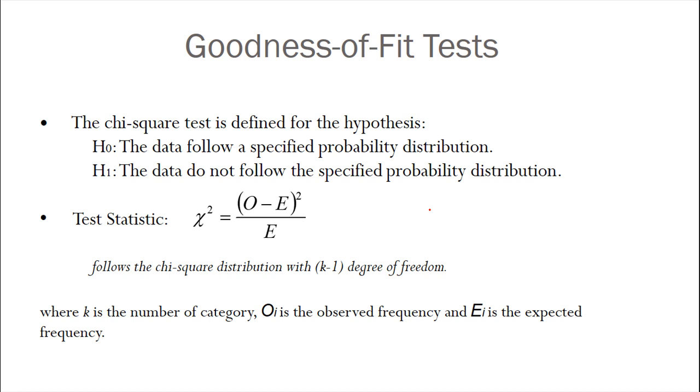The test statistic is the sum of observed minus expected, squared, divided by expected, and it follows the chi-square distribution with k minus 1 degrees of freedom. K is the number of categories, O sub i is the observed frequency, and E is the expected frequency. This is the test statistic for the goodness of fit test using chi-square.